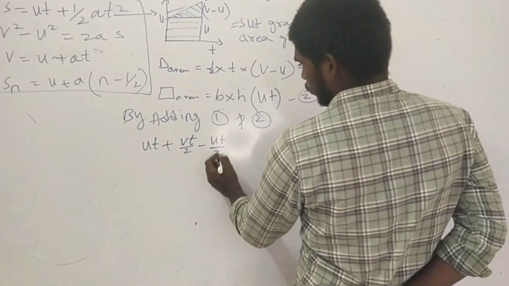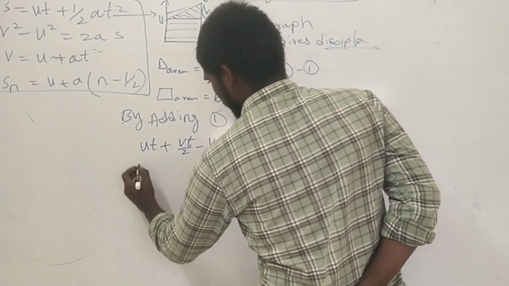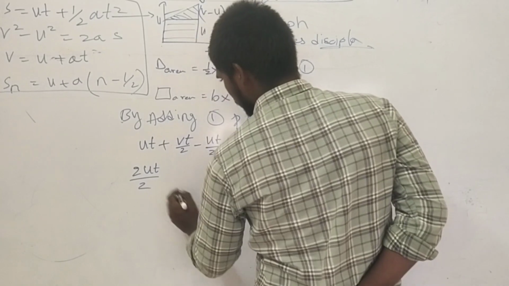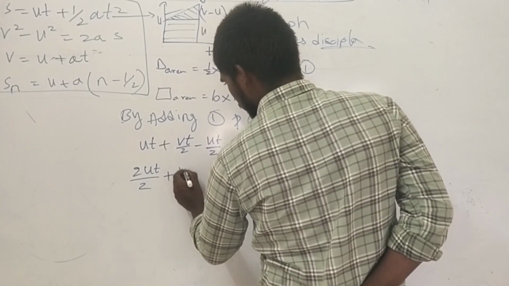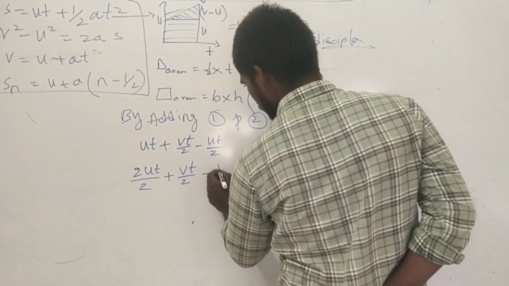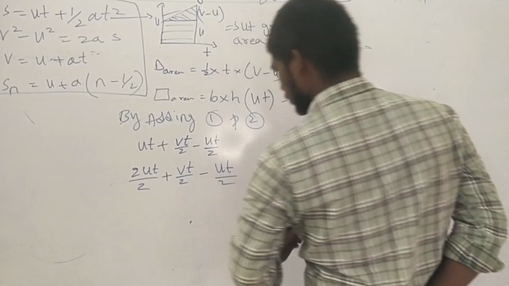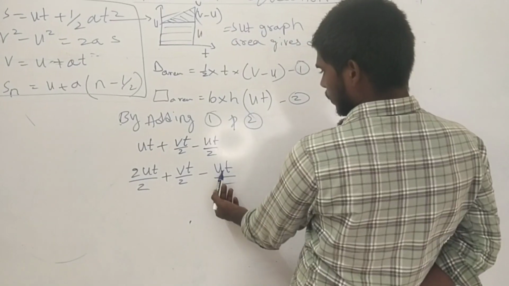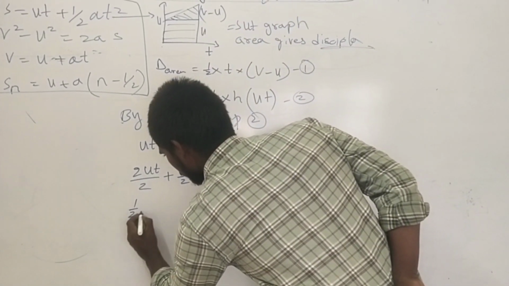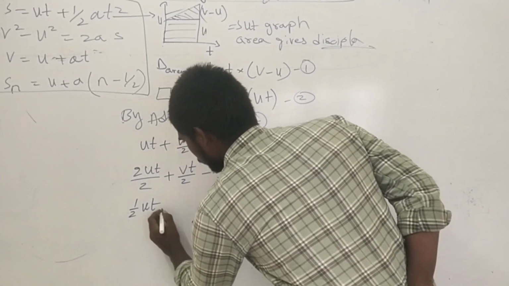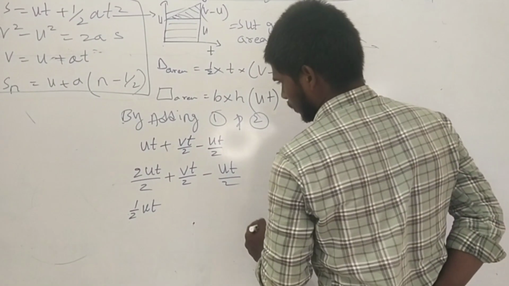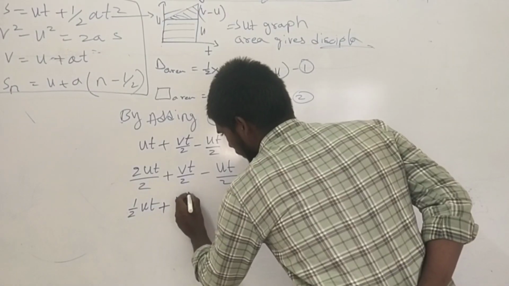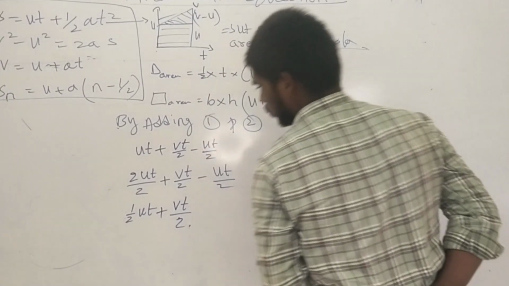So the ut term can be written as 2ut by 2 plus vt by 2 minus ut by 2. 2ut by 2 minus ut by 2 can be written as half ut. So we have half ut plus vt by 2.